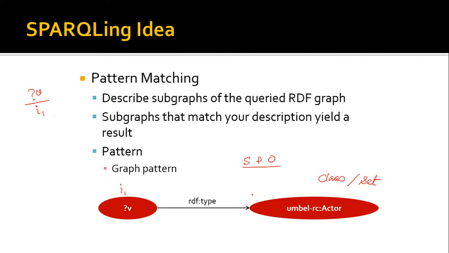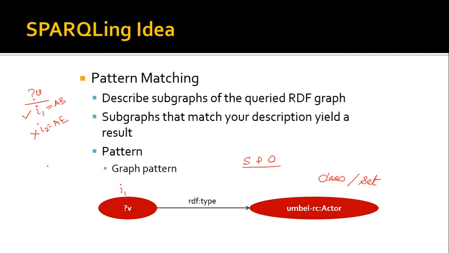But if you take another instantiation like I2, say Albert Einstein, in that case you will not be finding any triple that says that Albert Einstein is a type of actor, right? So in that case I2 is not an instance that will help this pattern to be matched against your knowledge base. But on the other hand, I1, which is Amitabh Bachchan, would be one instance of our interest, right?